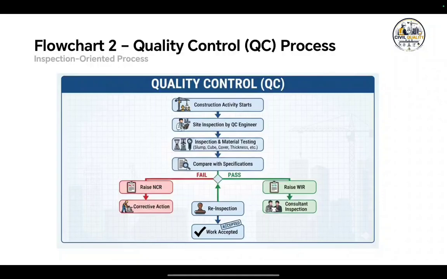If everything meets the requirement, a WIR is raised and the consultant inspects. The work gets accepted, but if the work doesn't comply, it gets rejected or an NCR is raised. Then corrective action is taken and the work is inspected again. Only after passing inspection is the work accepted. The entire cycle is quality control. I hope you got this process.